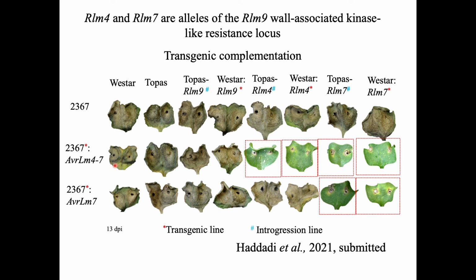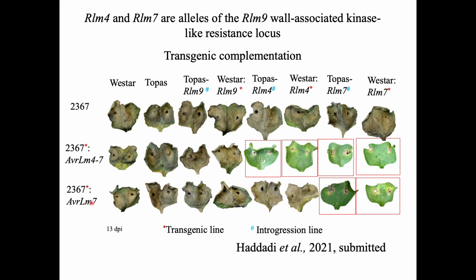We transferred AVR-RLM47 into 2367, and as you see here, there is no resistant response in WAS or Topaz, and no resistant response to RLM9. It shows that there is no cross reaction here. We see a resistant response in WAS RLM4, as we expect, and as a control, Topaz RLM4 is also resistant. We see that WAS transgenic RLM7 is resistant, and control Topaz RLM7 is resistant as well.